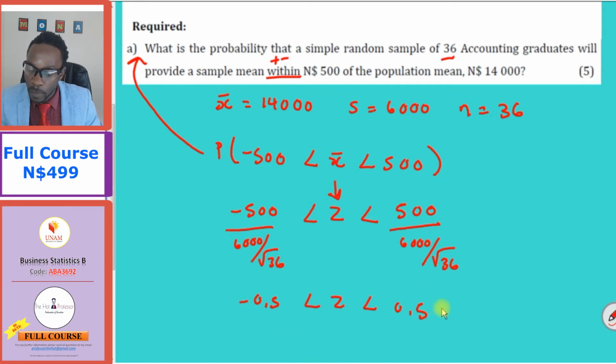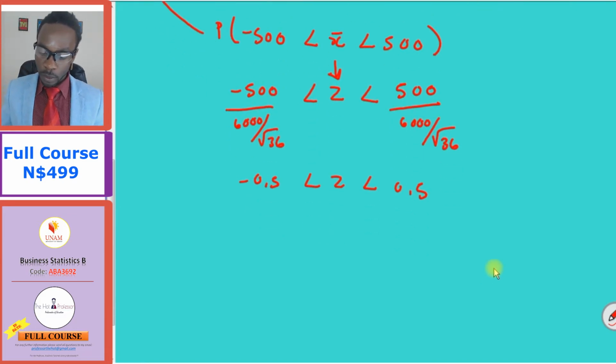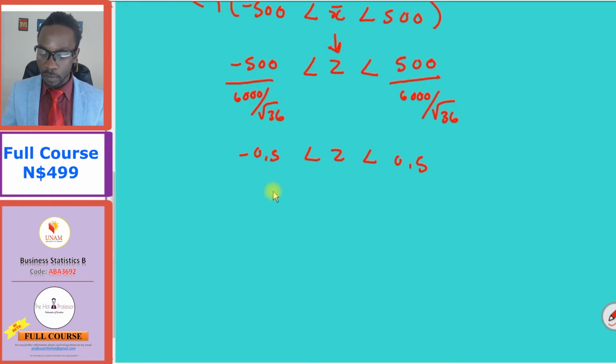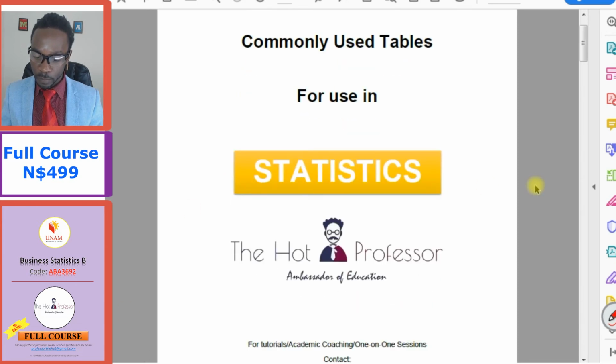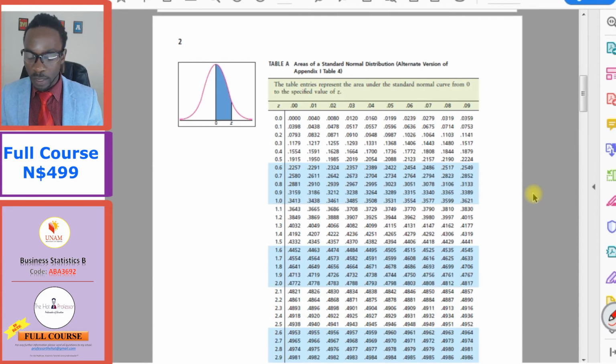Now the next stage is to go to the tables and find the area covered by negative 0.5 to 0.5. You can download the table that I've provided here, which is the commonly used tables. We want the one for normal distribution, which can be of many different types. I'm assuming there are three types.